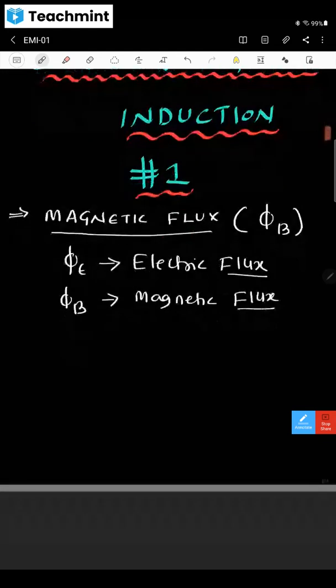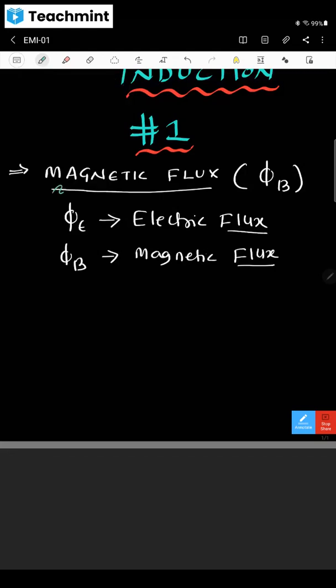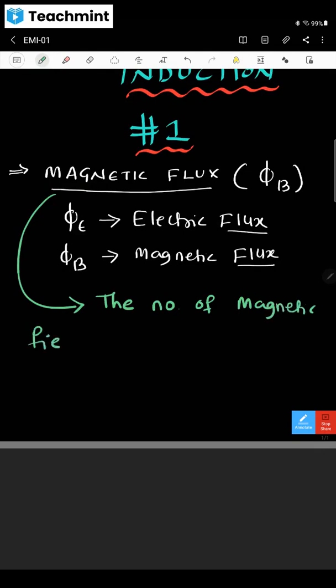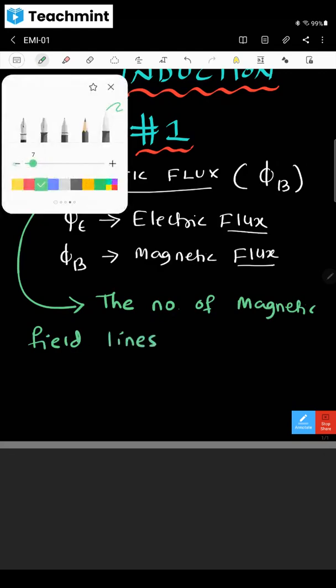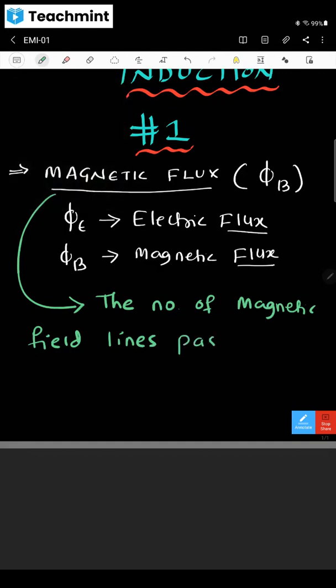Look at this. There is one very simple definition for magnetic flux. The number of magnetic field lines passing perpendicular to the surface is called magnetic flux.